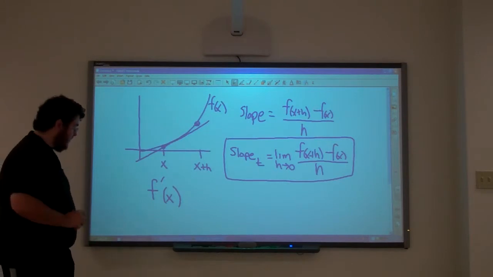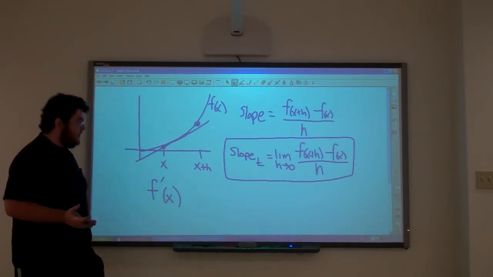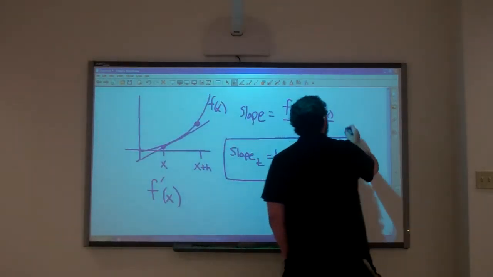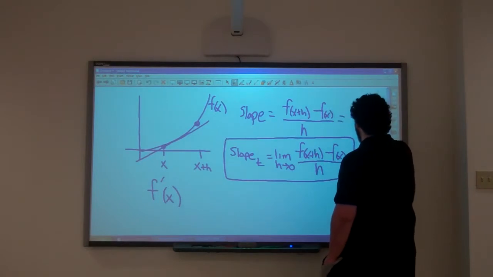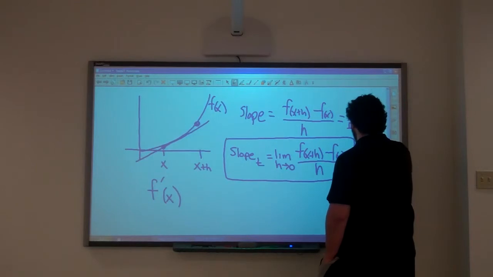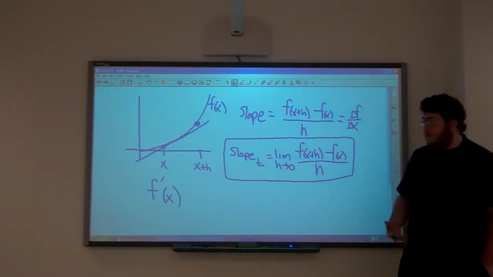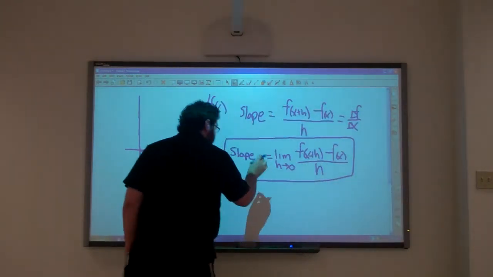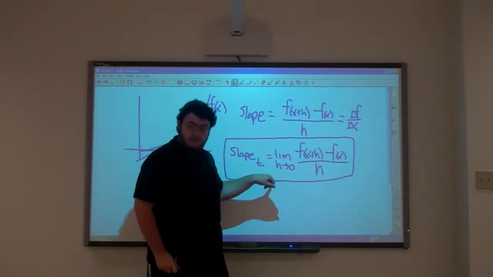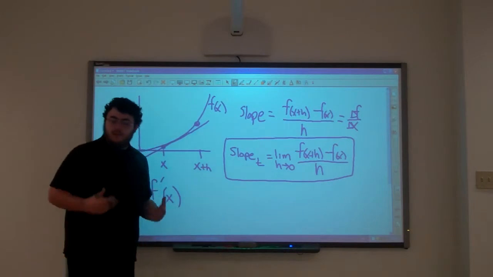Okay? Another way we can write this is to say, well, if we look at this, we can write this as our change in f over change in x, just like you probably saw in high school. So you're changing y over change in x. We use delta to denote change in. When we take these very, very small changes, the change in x going to 0, we replace the deltas with d's.